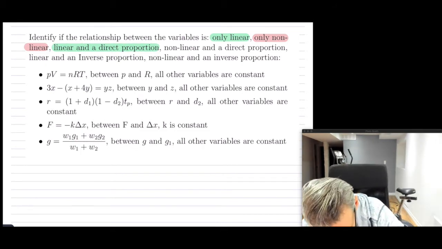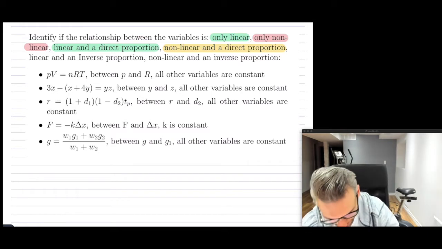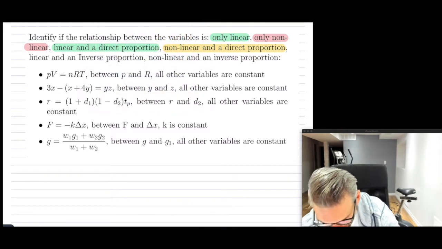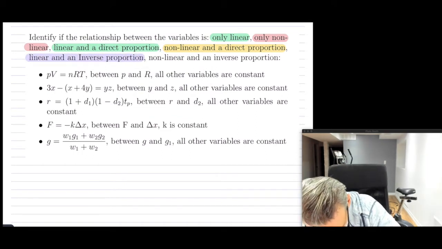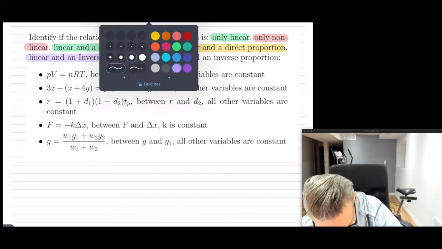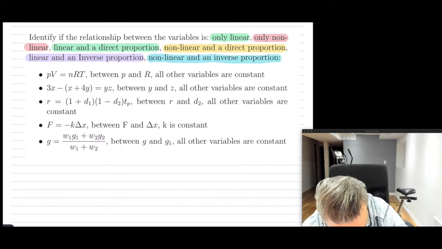Then after that one, we have nonlinear and a direct proportion. I'll talk about that actually kind of in the beginning to exclude this altogether. Linear and an inverse proportion. All right, and again, I'll talk about that as well. And then finally, nonlinear and an inverse proportion.